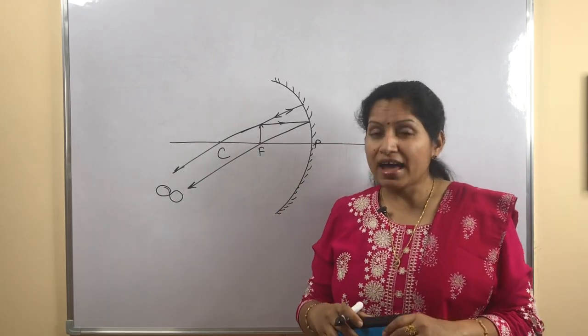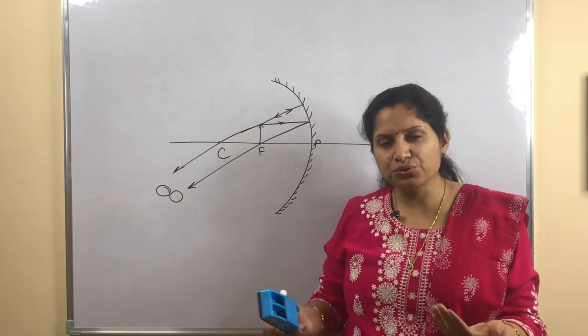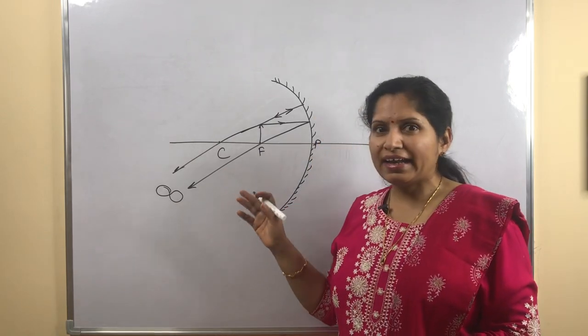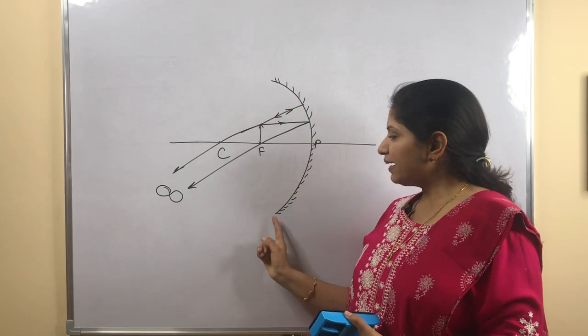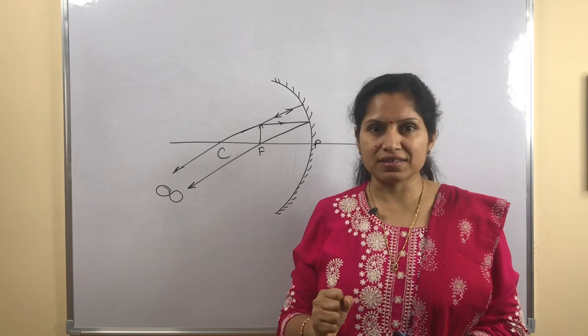Yes. Actually, it is there and it's given in your NCERT book as one of the uses of concave mirrors. It is used in the headlight of cars. So, how is it there? If this is the headlight of your car, a bulb is placed at the focus.